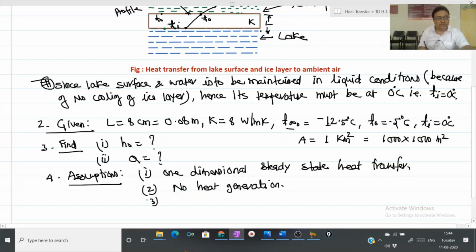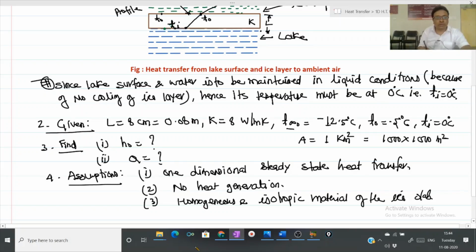Number three, homogeneous and isotropic material of the ice slab. Fourth one, constant properties of air. These are the assumptions involved.